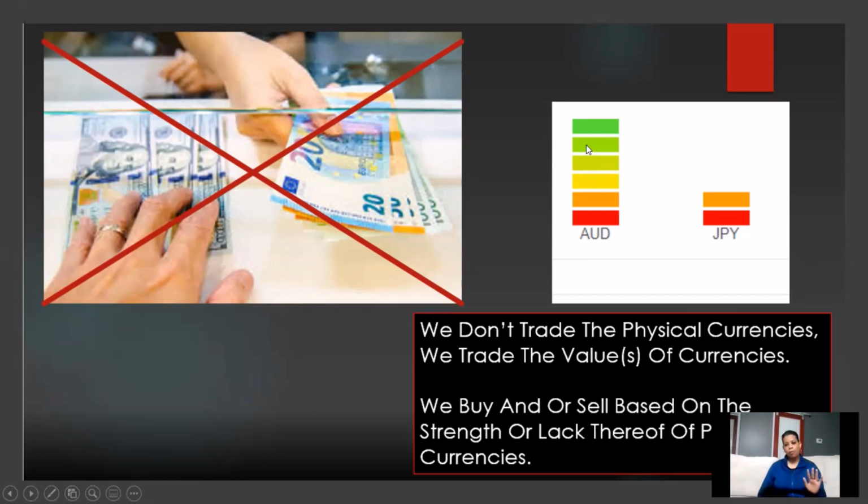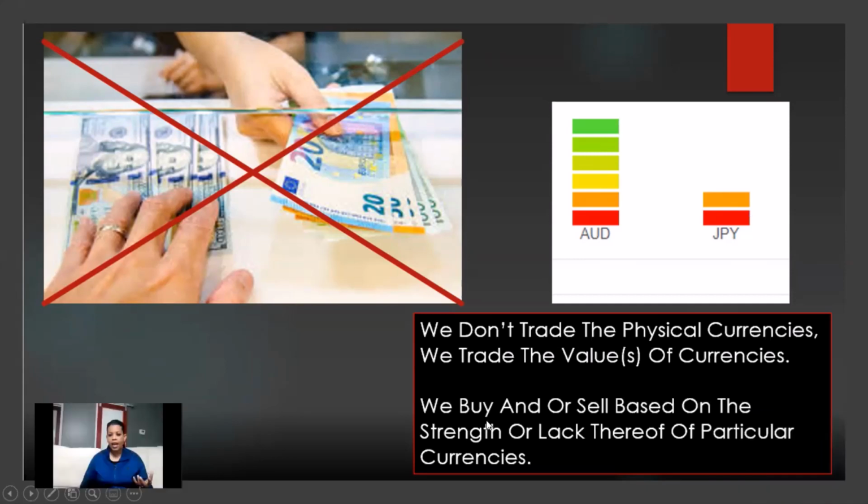Even though we don't have a number value right there, you can see that it's more than twice the value of the Japanese yen. So if I were in the market, then the Australian dollar has the power to buy Japanese yen. I don't have the Australian dollar. I don't have the Japanese yen. I am trading the actual value of that money.